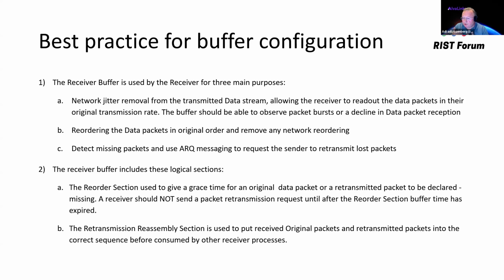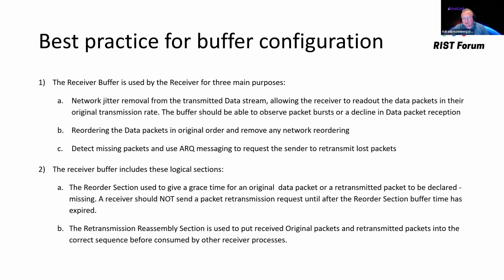The buffer should be able to absorb any packet burst and any decline in packet reception, reorder the data packets in the original order and remove any network reordering, detect missing packets, and use ARQ messaging to request the sender to transmit lost packets. And as I said, this is exactly the same for SRT, Zixi, and other methods out there.